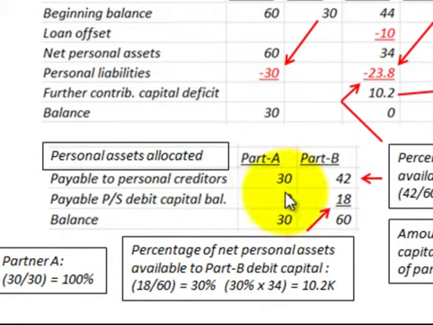With A, they had a credit capital balance, so there's no deficit there, so it's zero, but partner B has an $18,000 debit balance or deficit balance in their capital account. So what we do here is we add up the payable to the personal creditors plus this payable for the debit capital balance, $42,000 plus $18,000, which gives us a total amount of $60,000 that we'd have to allocate.